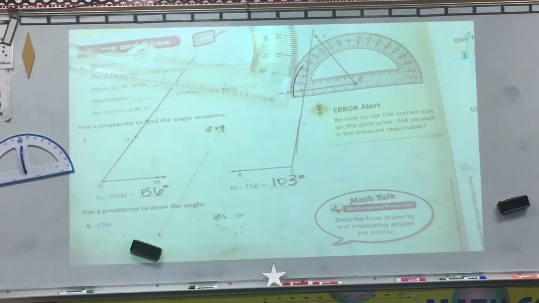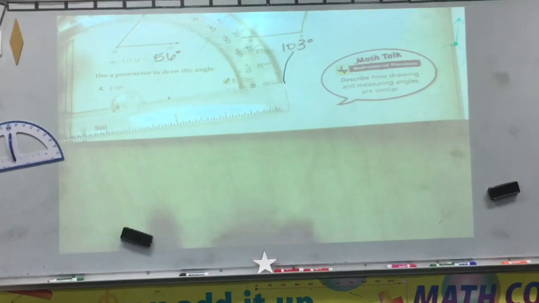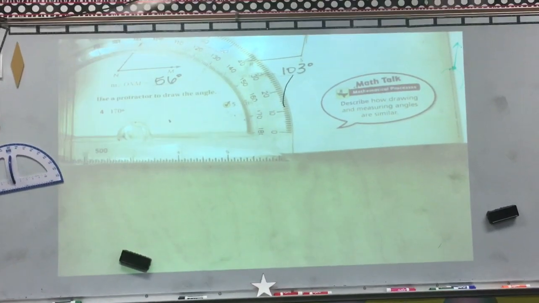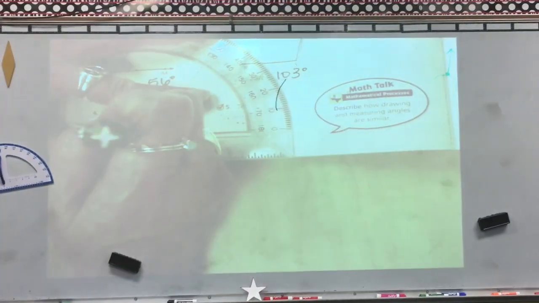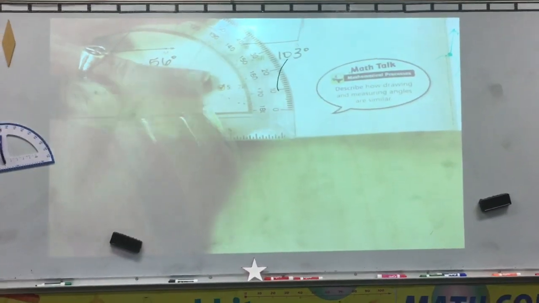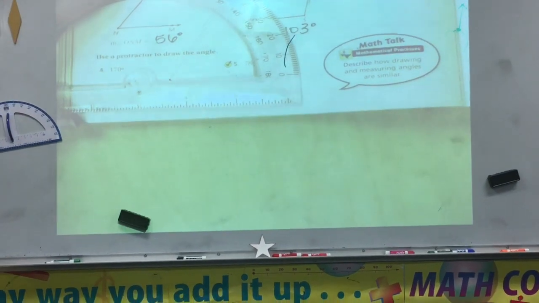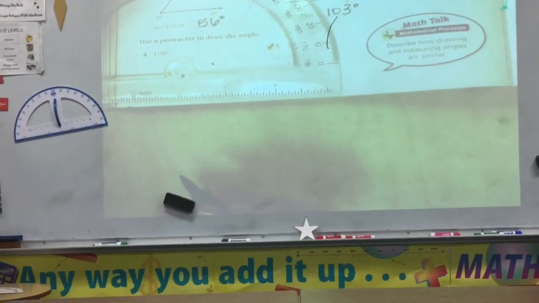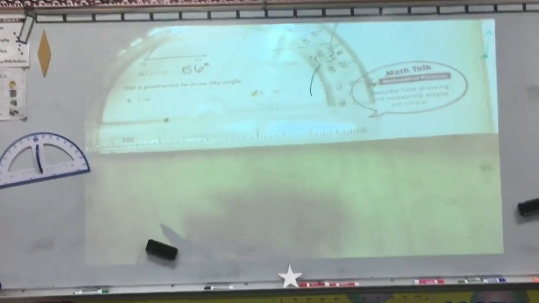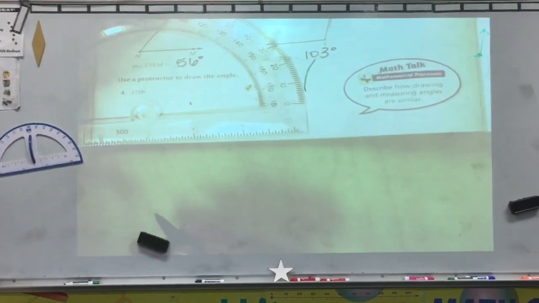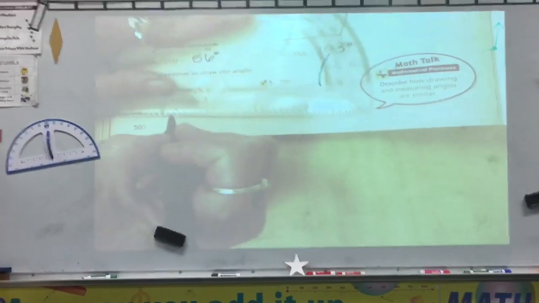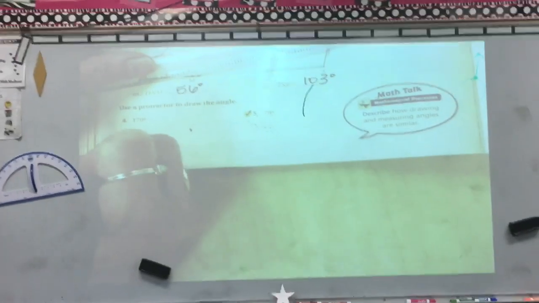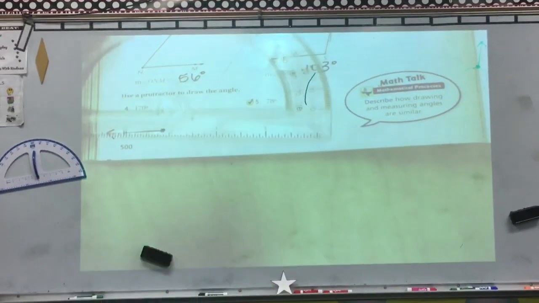The next one is kind of hard because it wants us to use the protractor to draw a 170 degree angle in this tiny space. So here's what I want you to do. Put a dot for your vertex. I'm going to draw mine probably going to the right, so I'm going to put one ray going here.